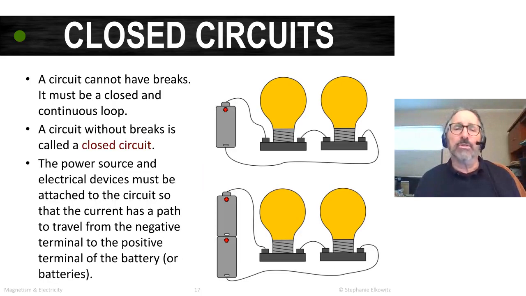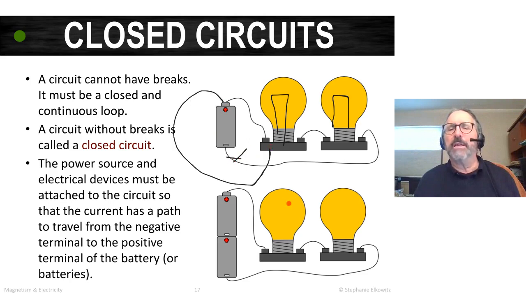So a closed circuit is where there's a continuous loop, okay? The negative goes through the light bulb, goes through the other light bulb, and comes to the positive charge. That's a closed circuit. If for some reason I put two positive charges here and got rid of this, that would be an open circuit, right?